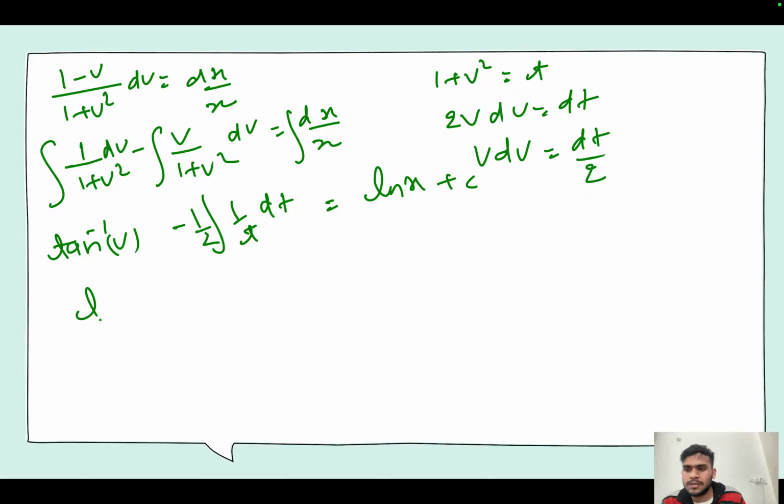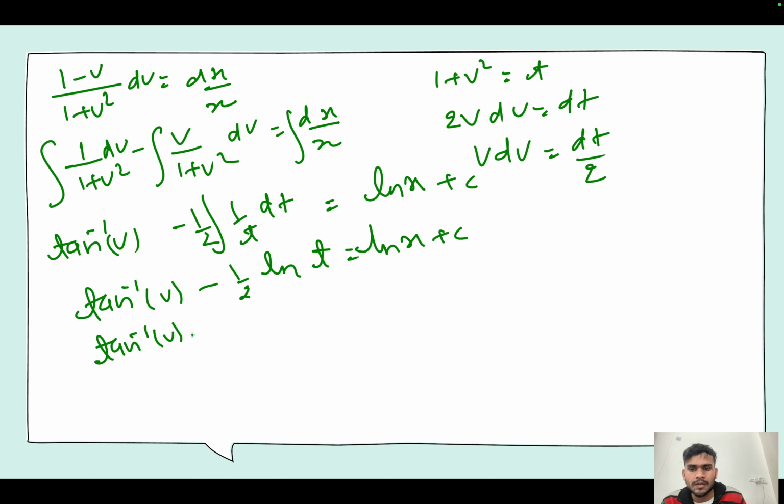So this is tan inverse v minus 1 by 2 ln t is equal to ln of x plus c. What is t? t is 1 plus v square.